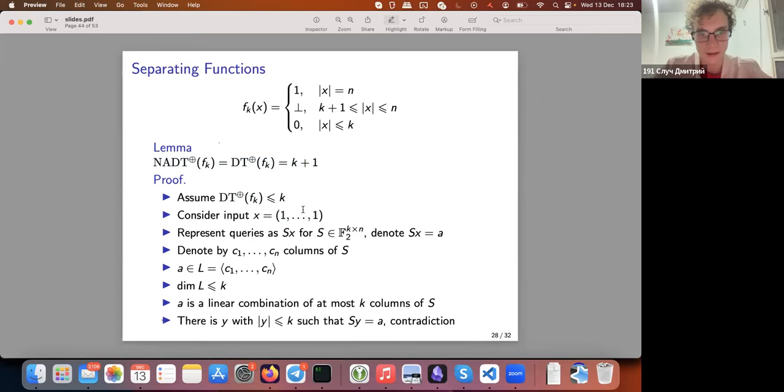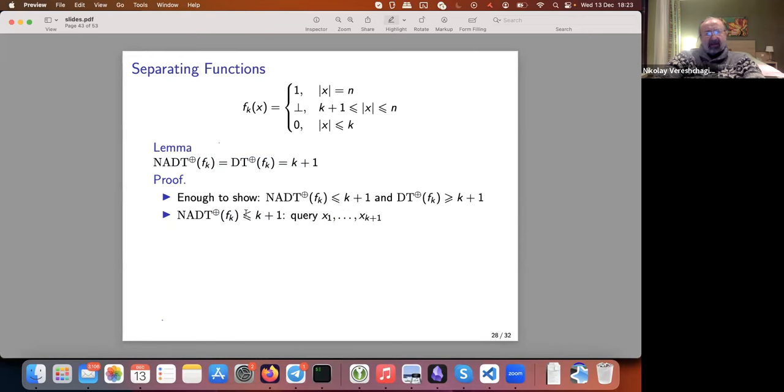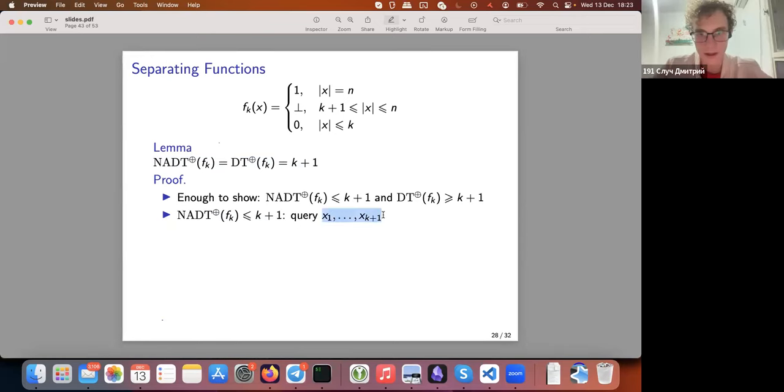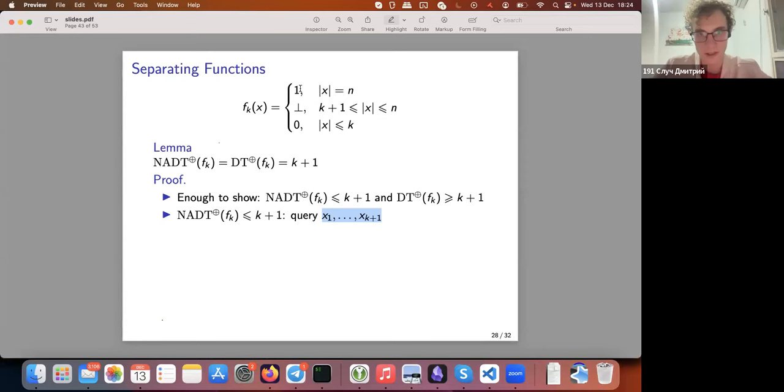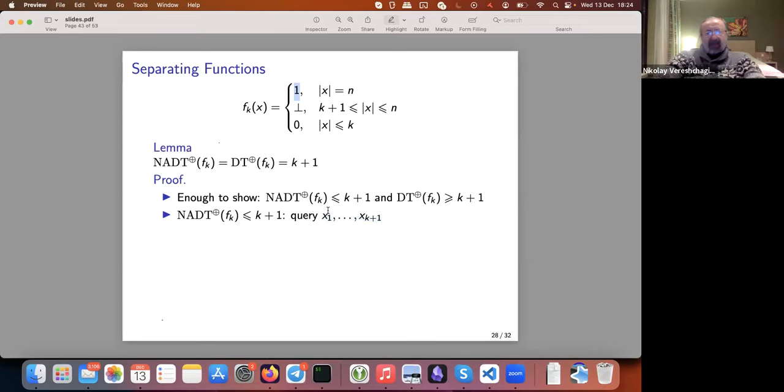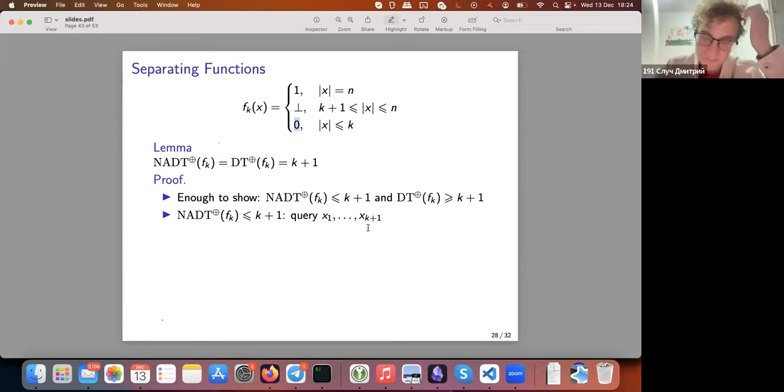We can query any k+1 bits, because if we are given a string of ones, all will be ones, and otherwise some of them will be equal to 0.